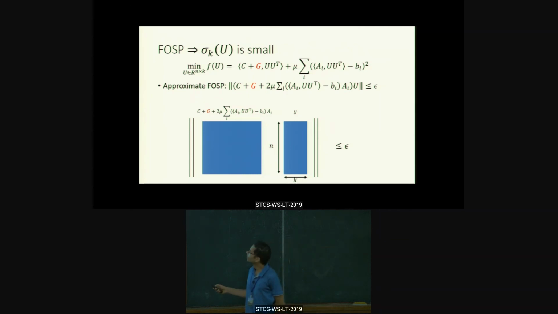Okay, so by approximate first order stationarity, we know that the product of these two matrices is small.